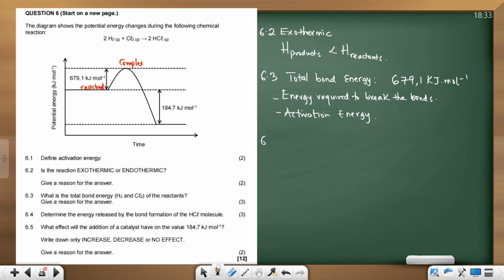6.4. Another calculation there. 6.4. Just want to confirm something. Which one? Because of the reason.